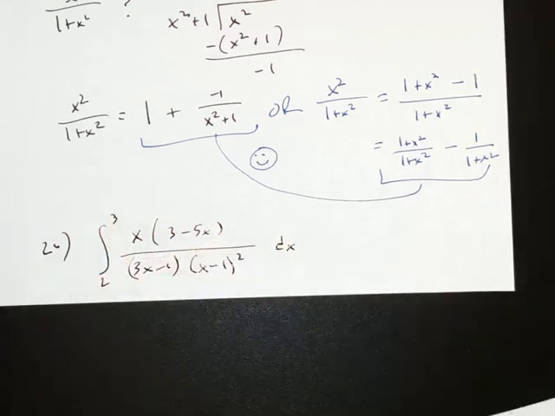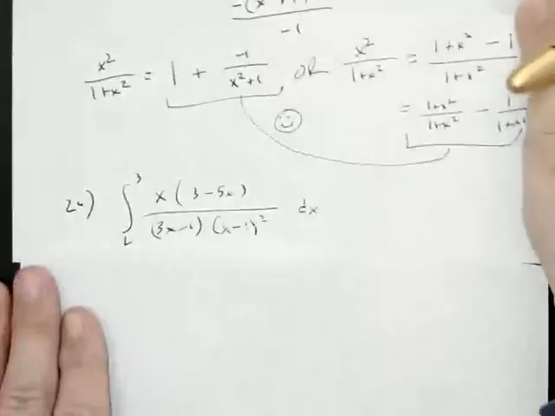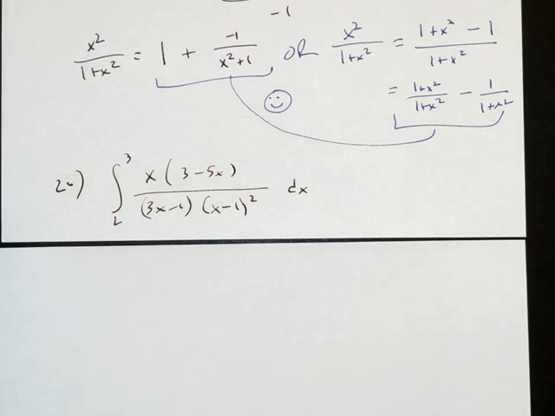So the ugly part of this is the partial fraction setup. I have a linear thing squared, right? So that means that when I do this as partial fractions, I'm going to get 3 fractions.